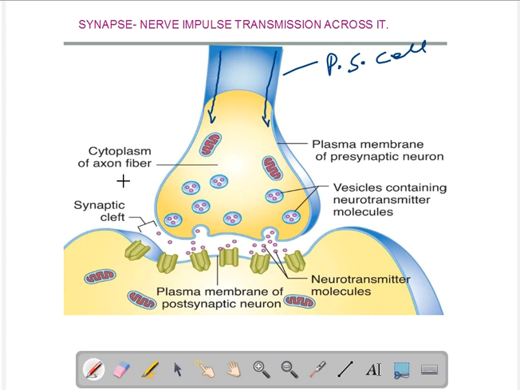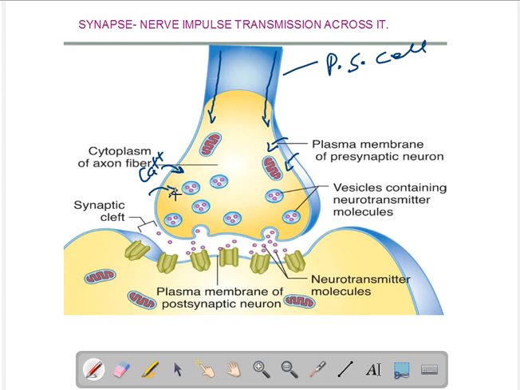the calcium ions which are found in the surroundings of the knob are absorbed by the synaptic knob. So because of this electric disturbance, calcium ions start to move inwards from the surroundings into the synaptic knob.